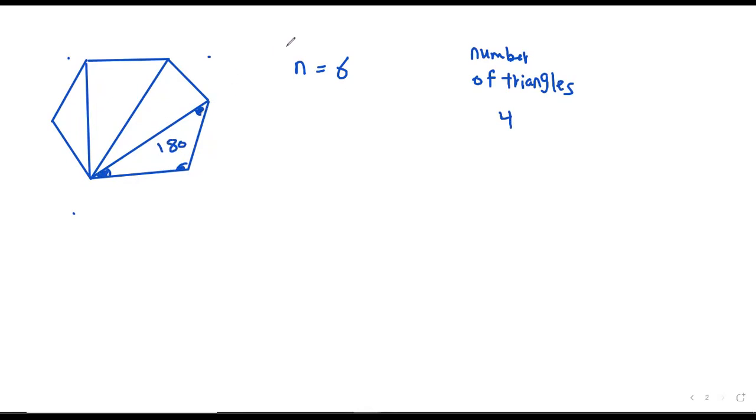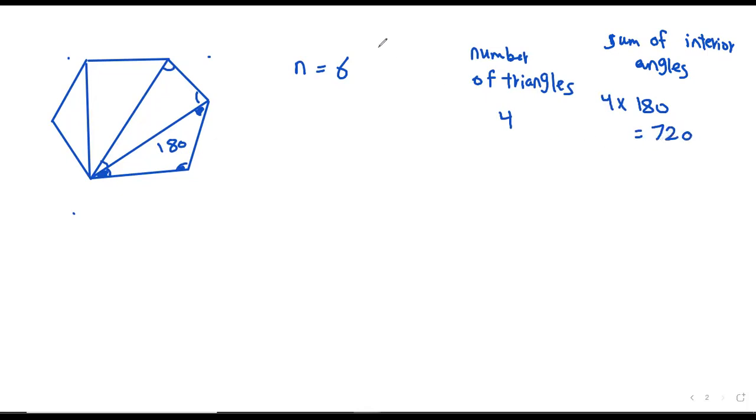So to find the sum of all angles of the hexagon, you will multiply 180 by 4 triangles. So it's 4 times 180. That is the sum of interior angles of the hexagon. 4 times 180 equals 720.